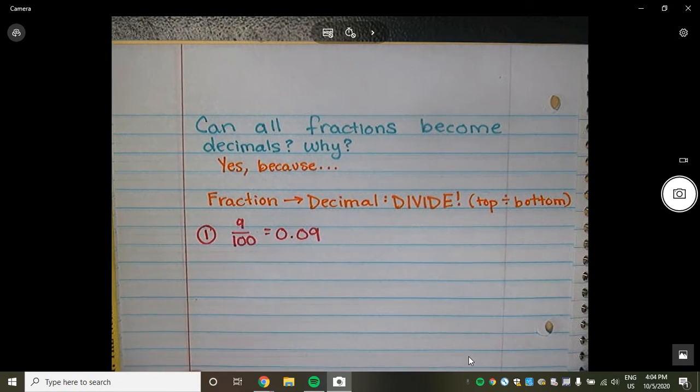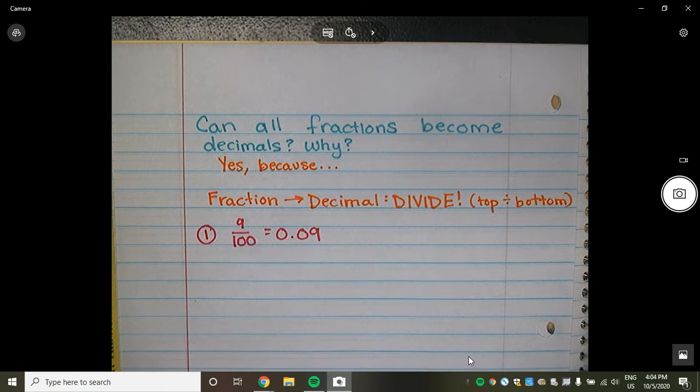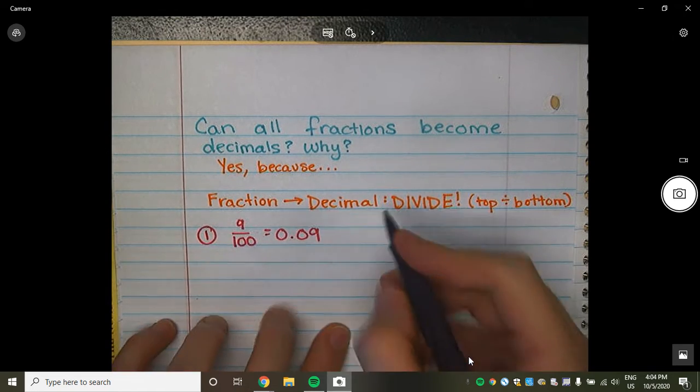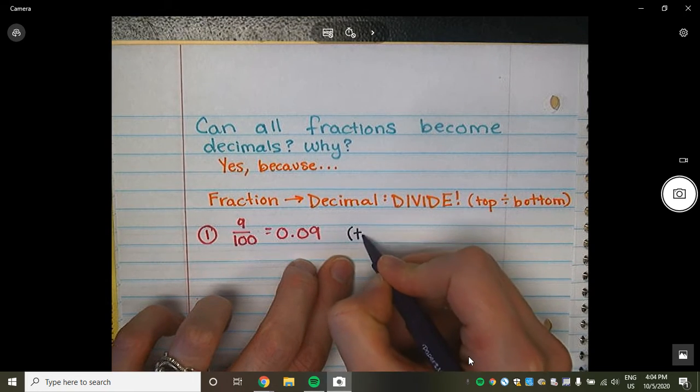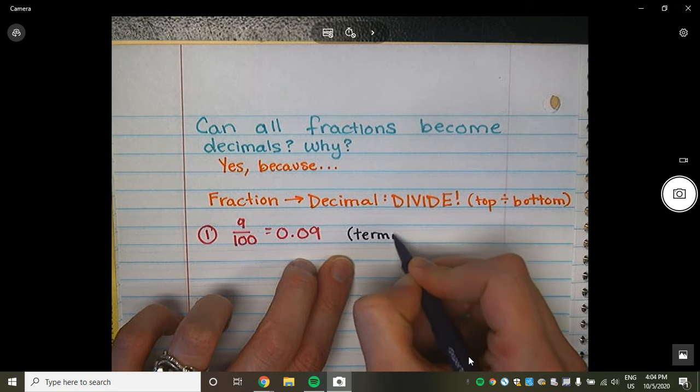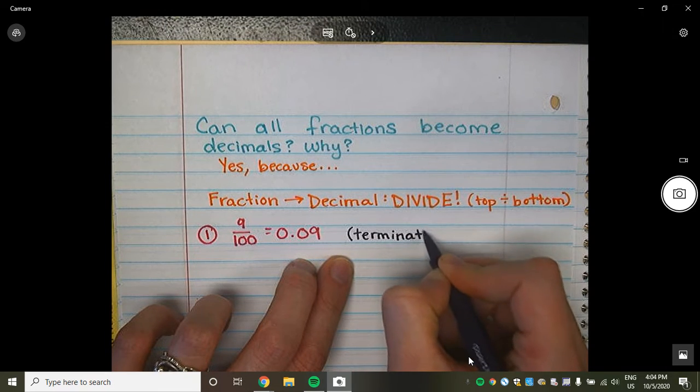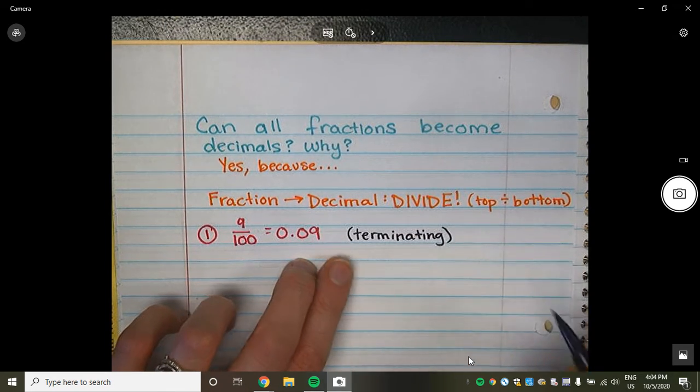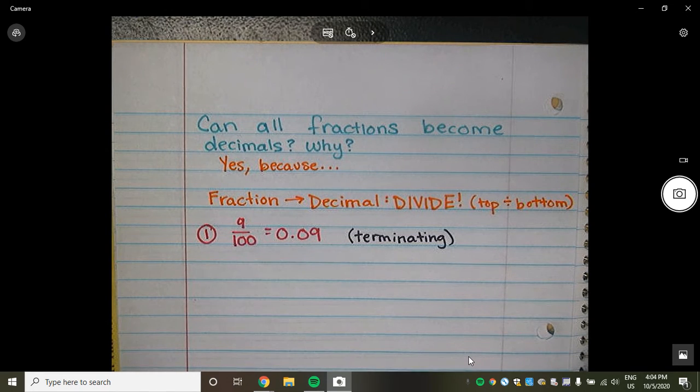Turn that into a decimal there. Now I'm going to ask, is that decimal terminating or is it repeating? We call this terminating because it ends. So I'm just going to make a note here that this is terminating, which means it ends.